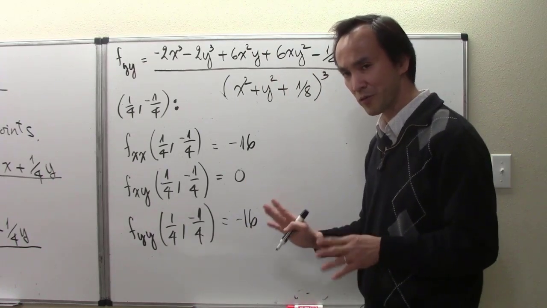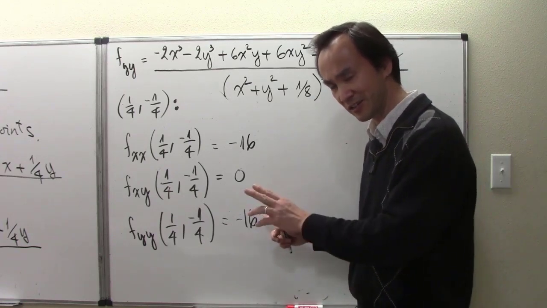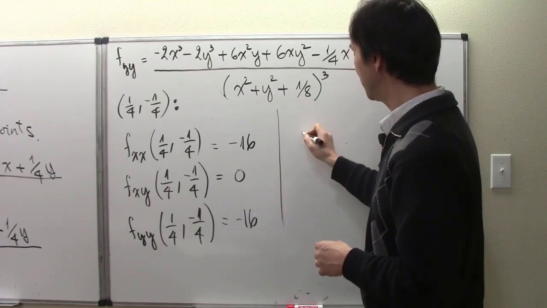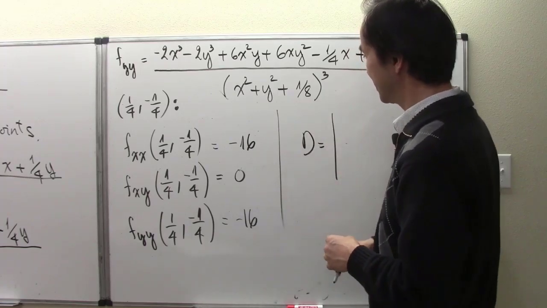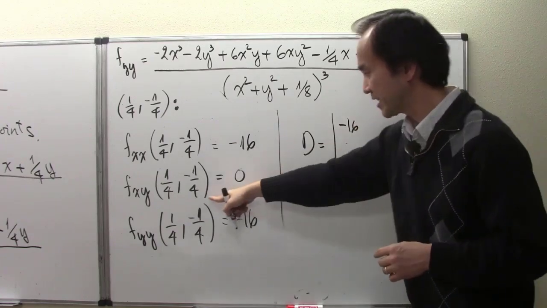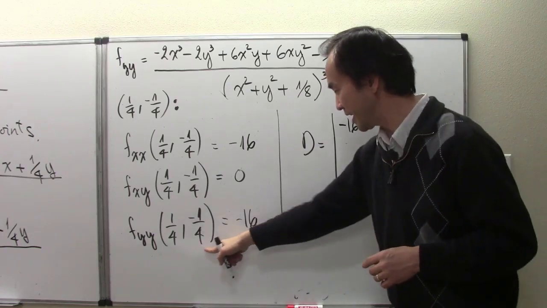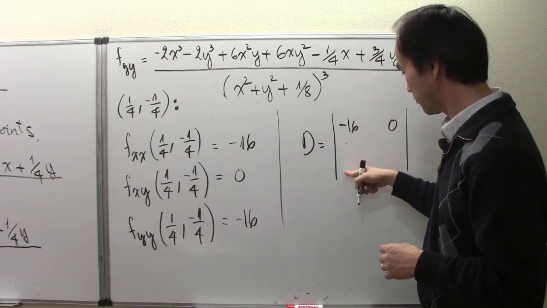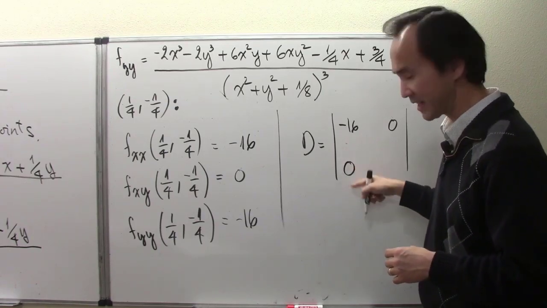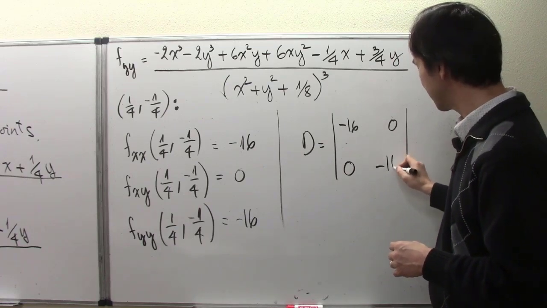Now we are ready to calculate the D expression, that determinant expression right here. D is calculated as f sub xx, negative 16, f sub xy at that point, 0, f sub yx, which is the same as f sub xy at that point, 0, and f sub yy placed here, negative 16.